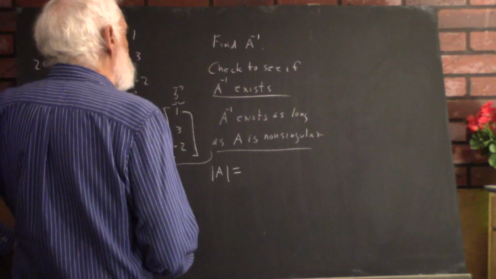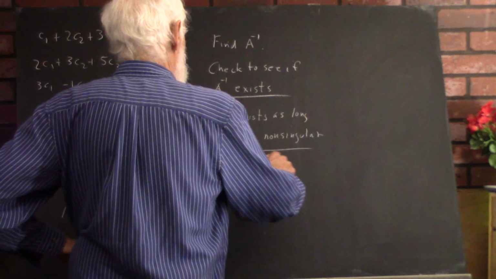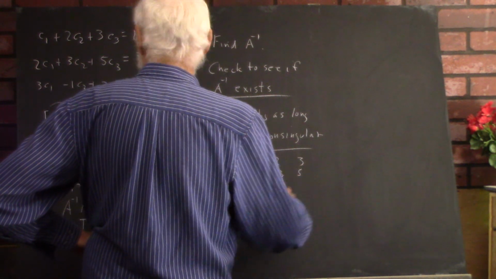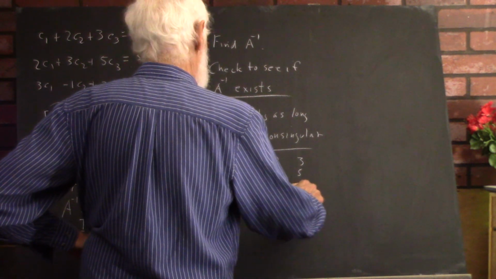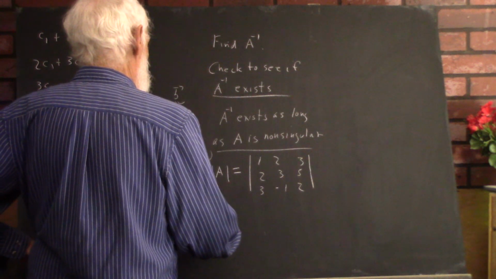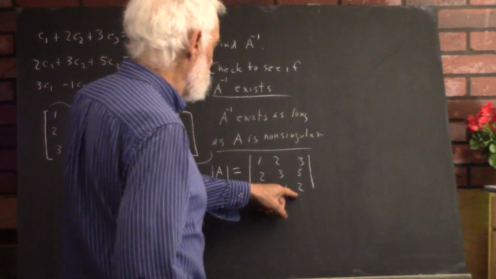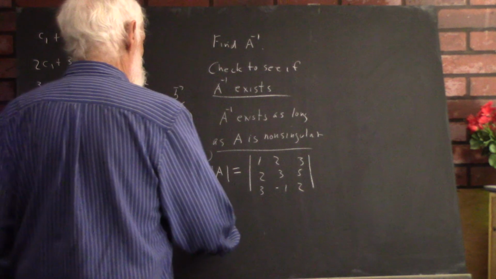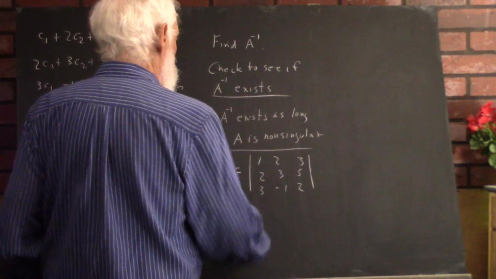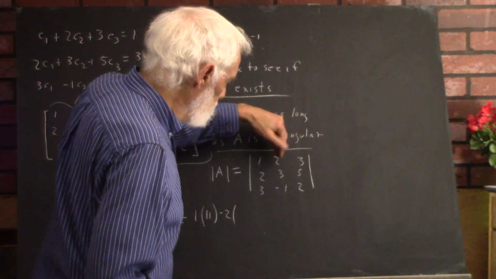Anyhow, the determinant of A is the determinant of 1, 2, 3, 2, 3, 5, 3, -1, 2, which is 1 times the determinant of this matrix. That's going to be 6 and 5 is 11, minus 2 times the determinant of the matrix we get eliminating this row and column.